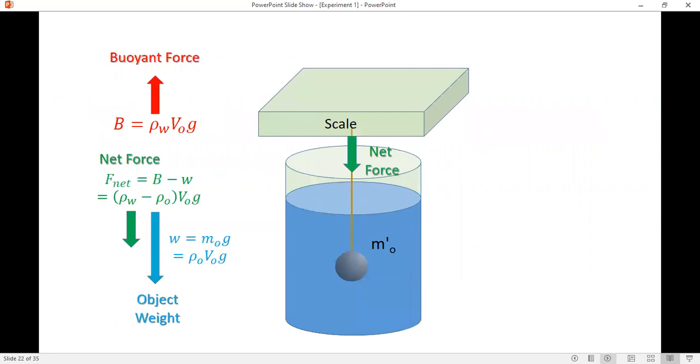So once it's submerged, we're going to have some net force acting on the scale. It is going to be the object's weight pulling down minus the buoyant force pulling up, and that gives us m prime 0.